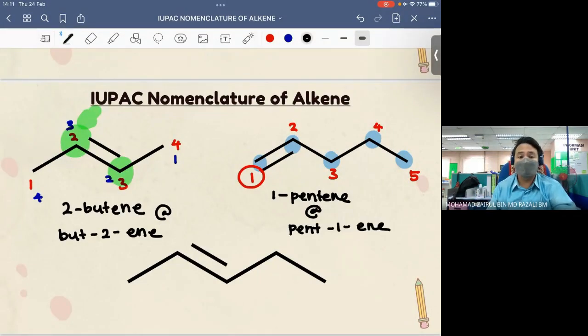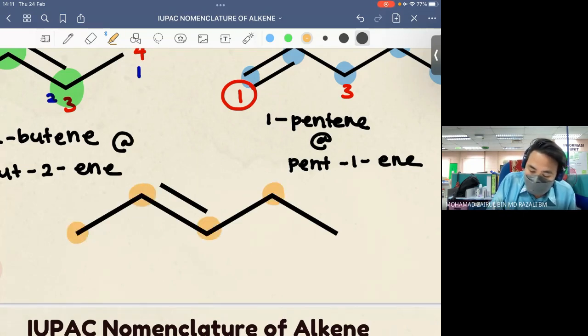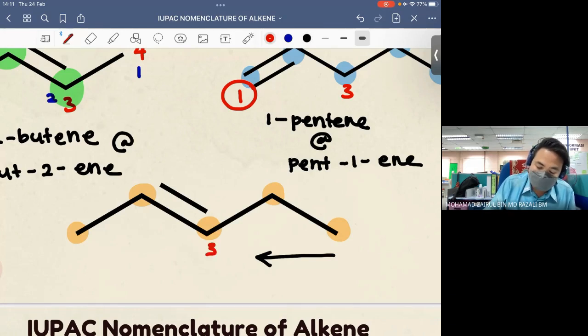So mana-mana pun boleh. Okay, so let's try yang this structure pula. So macam biasa, first you need to find the longest continuous chain. So 1, 2, 3, 4, 5 carbon. So kalau saya start kira number 1 dari sini, so double bond itu akan dapat number 3 and number 4.